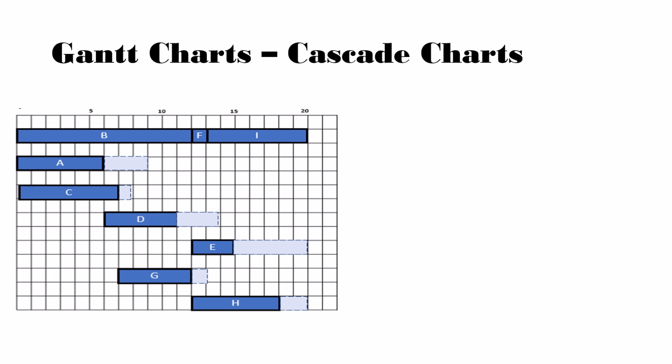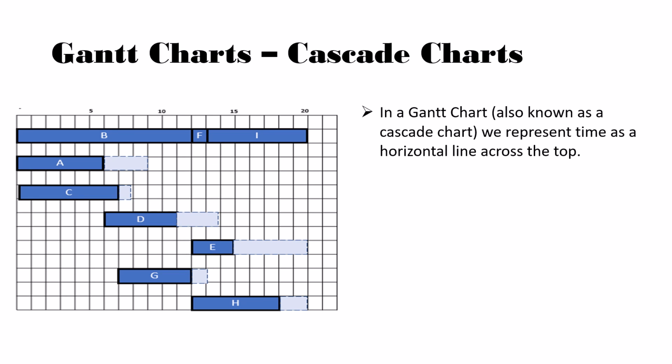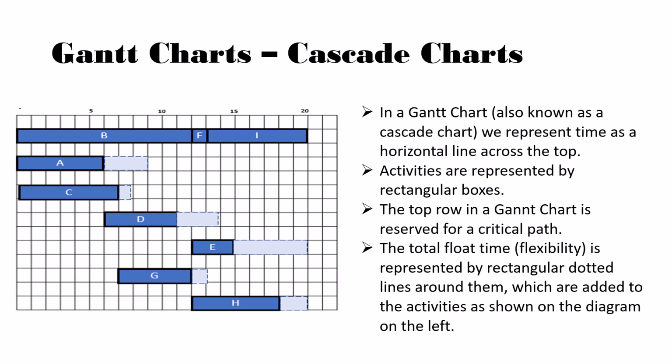So let's talk a little bit about what a Gantt chart or a cascade chart is. Here's an example of one. We're looking at activities and how they fit together. The deeper blue is just the activities themselves, and then the lighter one with the dotted line is showing us the float, so the flexibility it has.